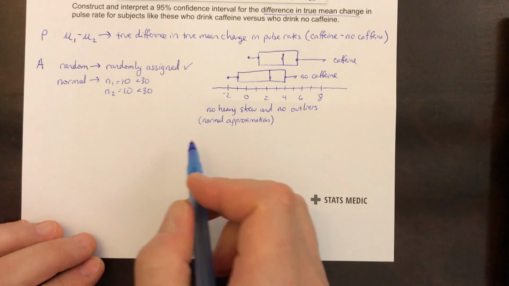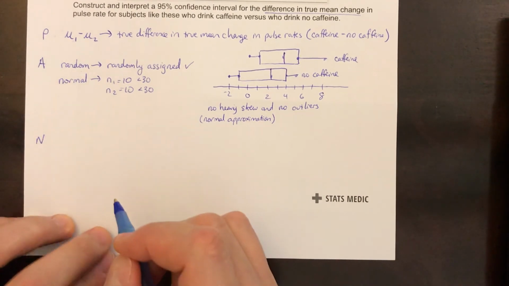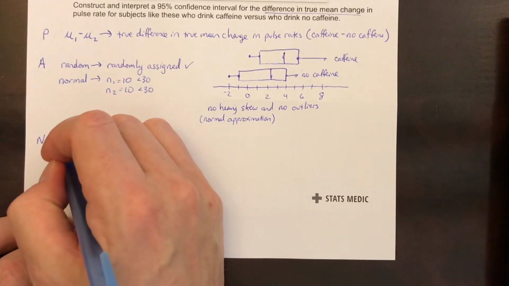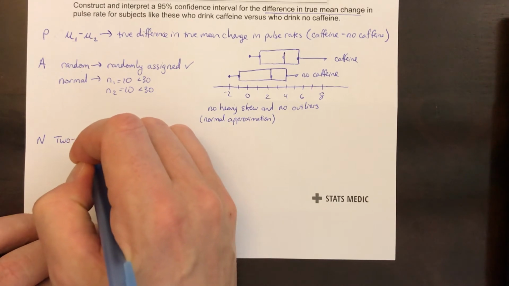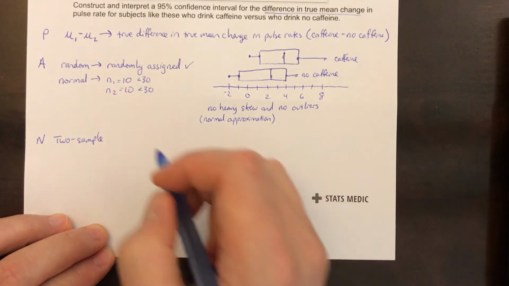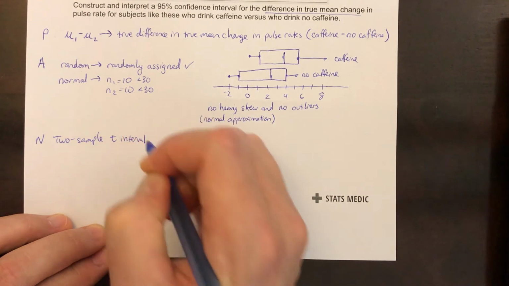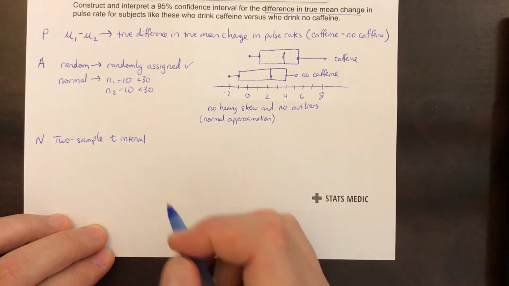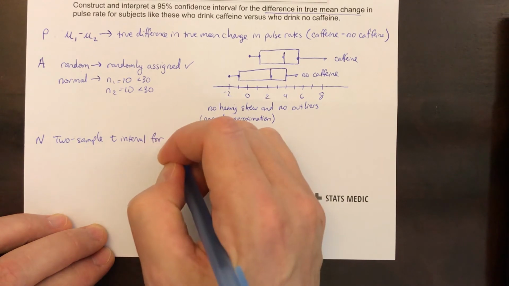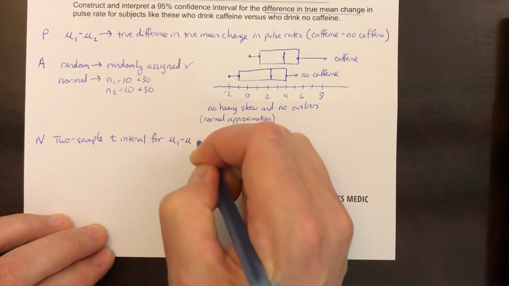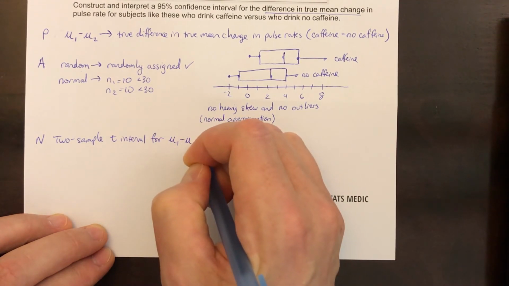All right, so those are the assumptions. That's good. Now, we need to name the test. This is a two-sample T interval for means. In this case, this is mean 1 minus mean 2.